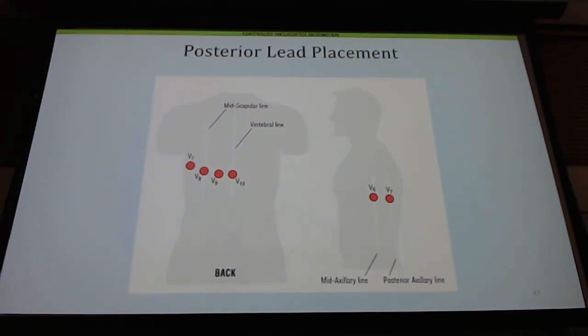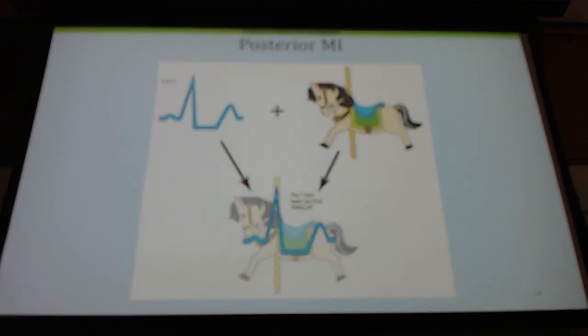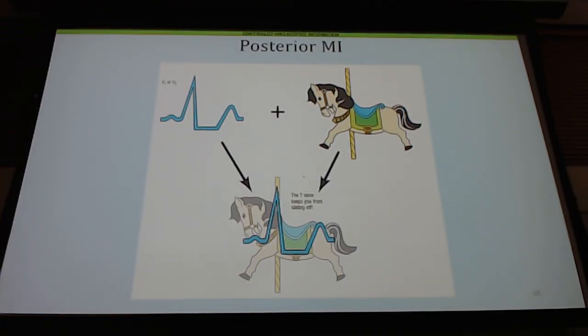And for the locations of the leads, you're going to leave V6 where it is, and then V7, V8, V9, V10 in that area on the back of your patient. But this is what the reciprocal changes for a posterior wall MI are going to look like. We call it the carousel sign because it almost looks like that QRS deflection into the S wave, and then that ST depression looks like somebody riding a carousel horse.